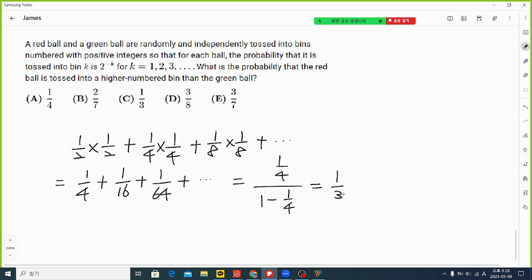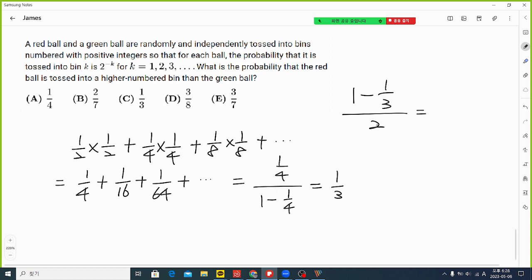So one third is the probability that both the balls are tossed into the same bin, and the other cases will be the red ball is higher than the green ball, or the green ball is higher than the red ball, and because it's symmetric, both of the possibilities will be the same. So that means we can first subtract the probability for the same bin from the total, and then divide by 2.